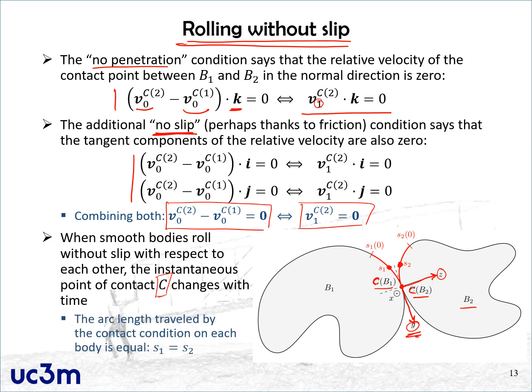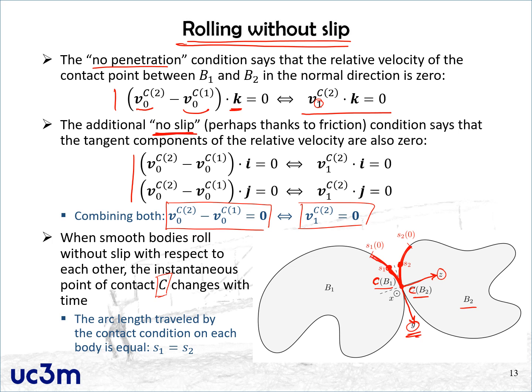If a body is rolling without slip with respect to another, the distance traveled by the contact point in the same amount of time is the same on one body or the other. They are rotating smoothly over each other, and the length that we travel on one side is the same as what we travel on the other side.